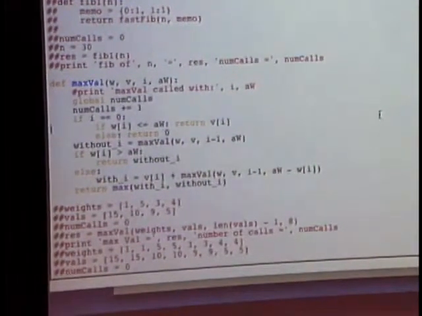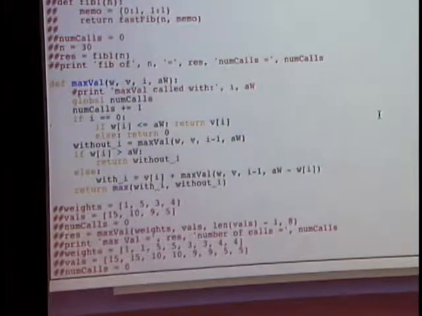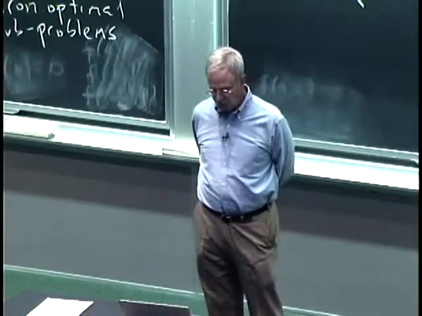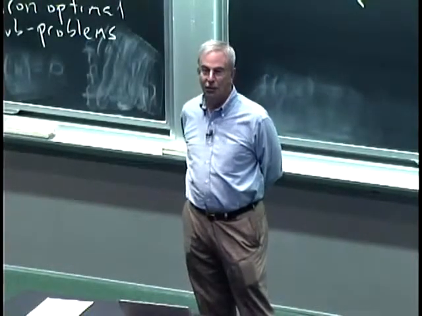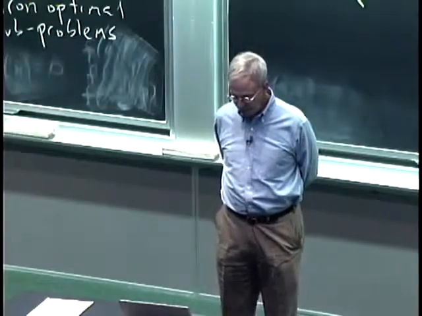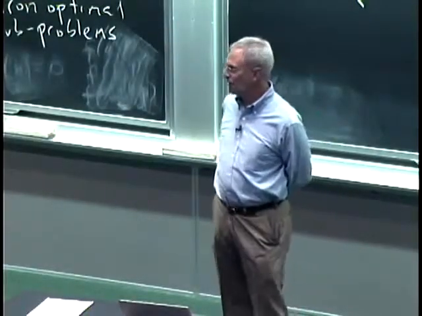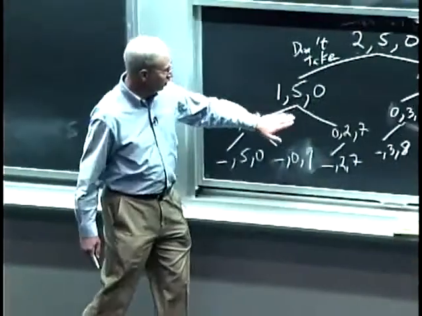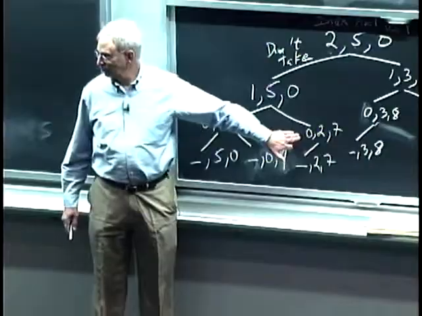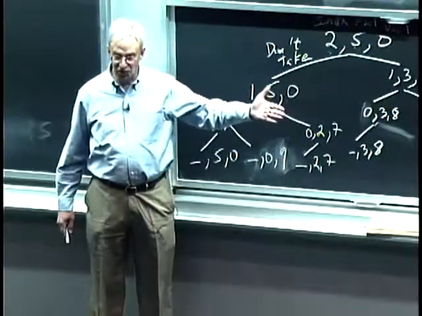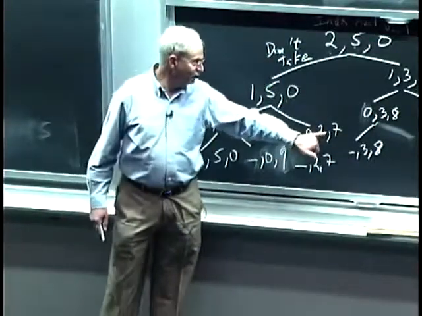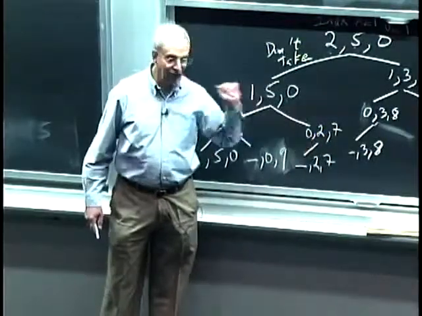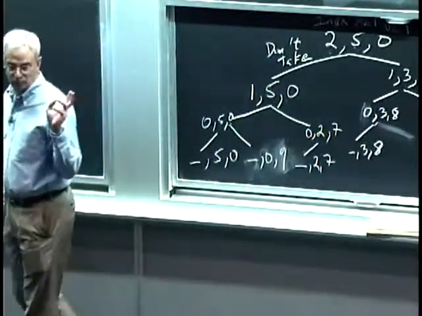Otherwise, let's see what I get with I. And so the value of with I will be the value of I plus whatever I can get using the remaining items and decrementing the weight by the weight of I. So that's exactly what we see as we go down the right branches. I look at the rest of the list, but I've changed the value, and I've changed the available weight.